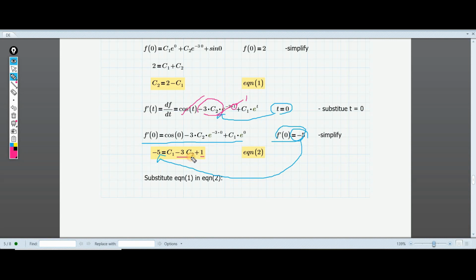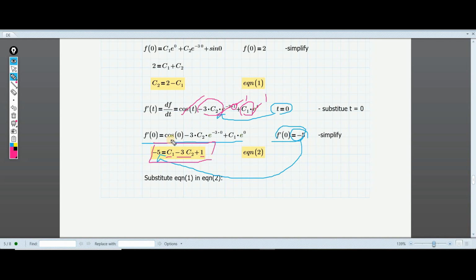Then e to the 0 again because t is equal to 0, so this will also become 1. So what remains is c sub 1. Now, this is our equation 2: negative 5 is equal to c sub 1 minus 3 c sub 2 plus 1.